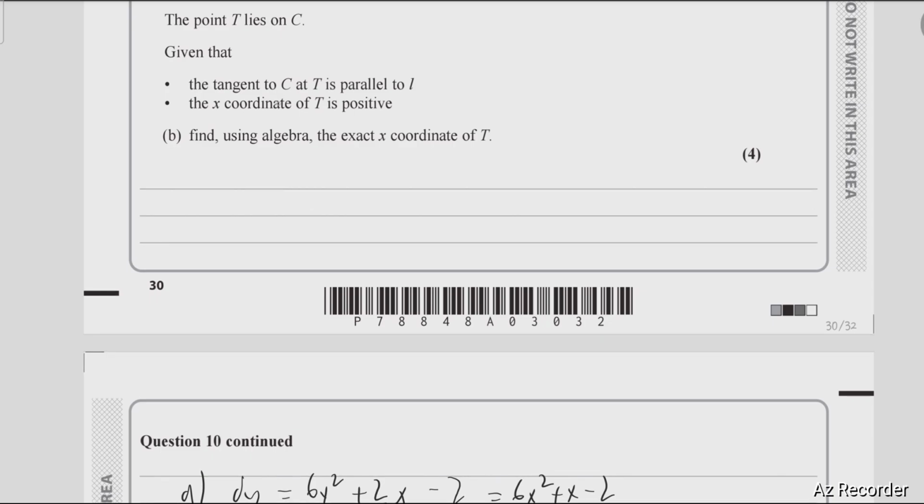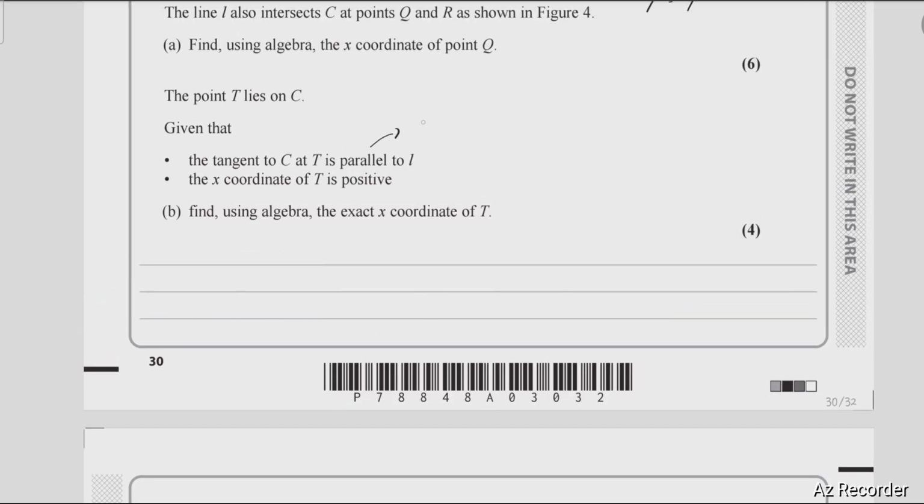And the tangent to C at T is parallel to L, so they have the same gradient, which is m equals half.